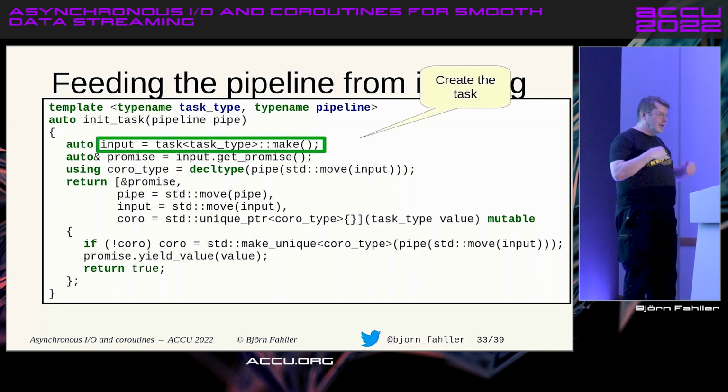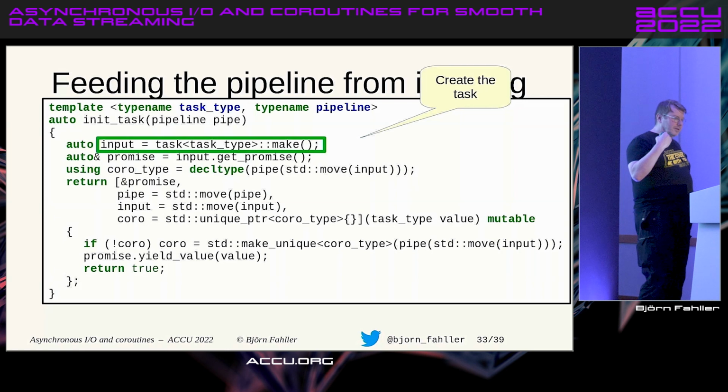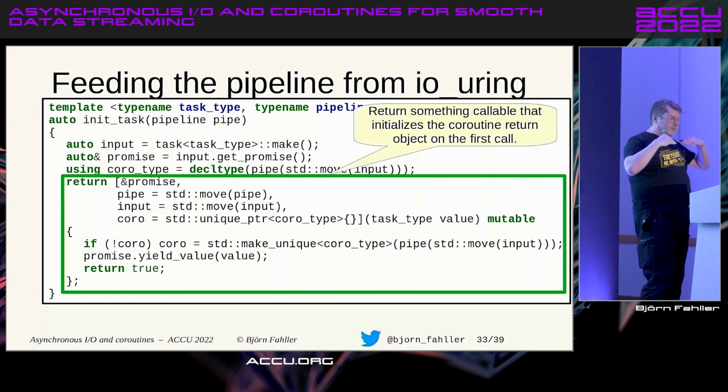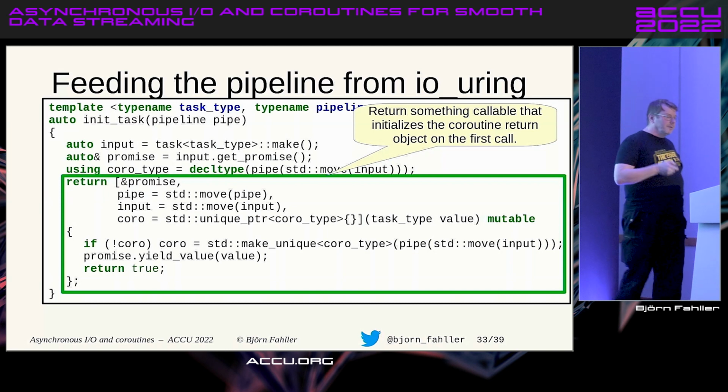It does its thing. So when called, we create a task object, get its promise, get the type. We return a lambda that really its only purpose is to hold these objects, the task, the pipeline and the input task. And I had to resort to saving the resulting coroutine as a unique pointer, which is absolutely horrible.